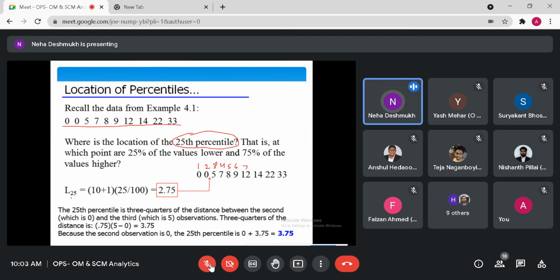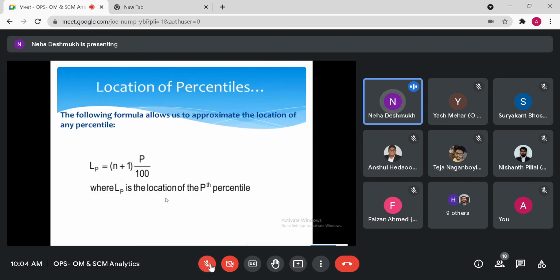Now to calculate the 25th percentile, the formula is L25 equals (n plus 1) times 25 by 100. n is what? Total number of observations, up to 10, right? Into which percentile we are calculating here? 25th percentile. So 25 upon 100, it returns 2.75. 2.75 is what? It is the location of 25th percentile. Is this clear?